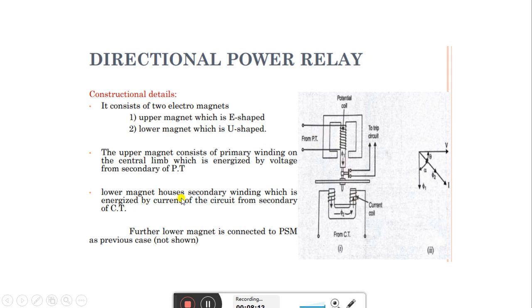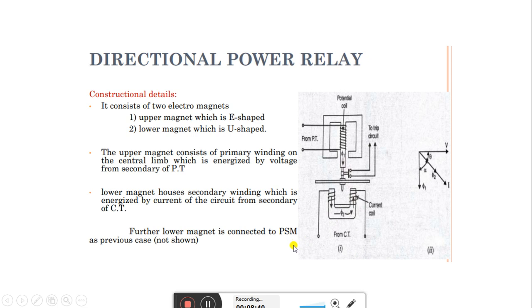The lower magnet houses the secondary winding, which is energized by the current of the circuit from the secondary of the CT. That we have also discussed. Further, the lower magnet is connected to the PSM, the flux setting multiplier.